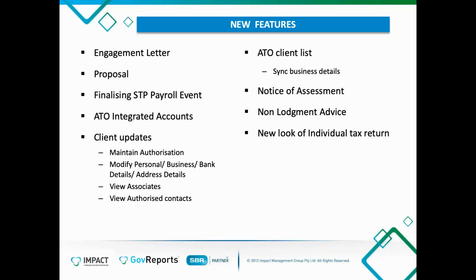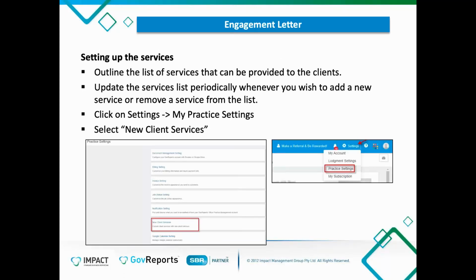They are a lot. So the engagement letter, now all of us need our engagement letters to make sure the clients understand where we are and we understand what the client's expectation is. They understand what they're going to receive from us. And so the engagement letter in GovReports allows you to set up different settings, so different services that you may want to have in your engagement letter.